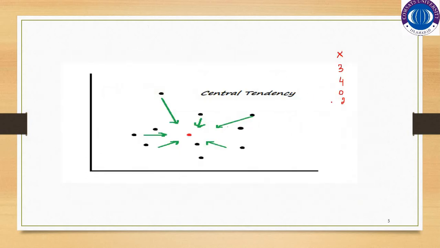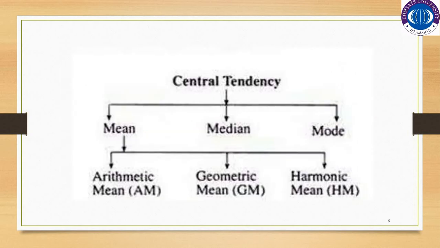So if this is the data and we want to find out the single value which represents the whole data set, we could find it as 3 plus 4 plus 0 plus 2 divided by 4. This is the way to find out the arithmetic mean, and it will give us a single value which represents this whole data set.